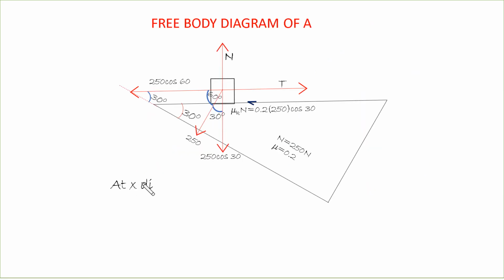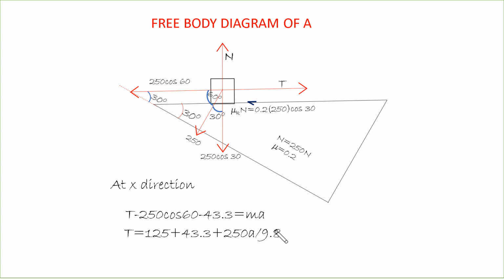From the free body diagram of A, our equation is T minus 250 times cosine of 60 degrees minus 43.3 is equal to m A. T is equal to 125 plus 43.3 plus 250 times A divided by 9.81. Then, T is equal to 168.3 plus 25.48 times A.